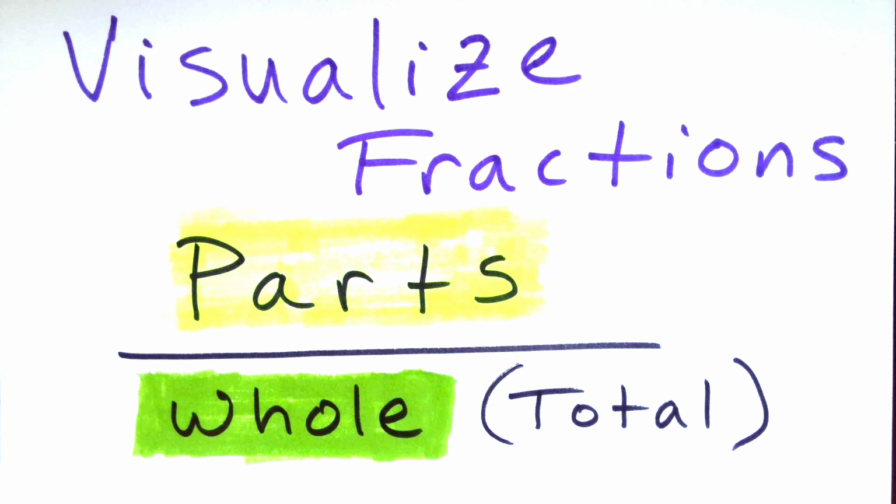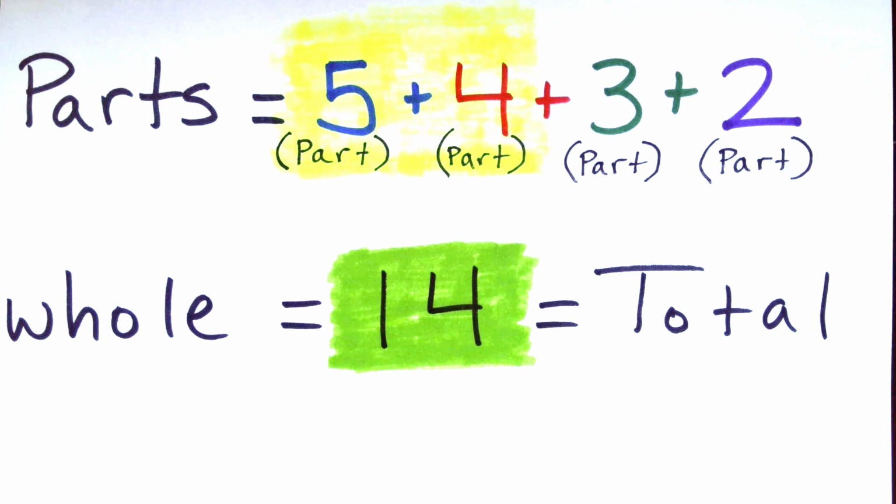All right, so let's visualize fractions. Now we're going to create fractions based upon the word problem. And remember, parts go on top, the whole or the total goes on the bottom of your fraction. In this particular test question, they're asking what fraction represents both blue coins, which is 5, and red coins, which is 4, right?